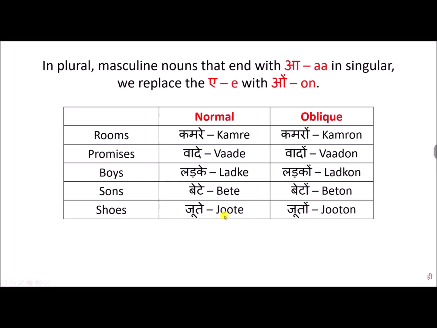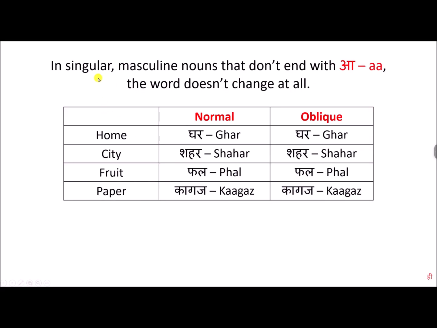plurals. Alright. Next. In singular masculine nouns that don't end with a, the word doesn't change at all. These are all singular masculine nouns that don't end with a: ghar, shahar, phal, kagaz.